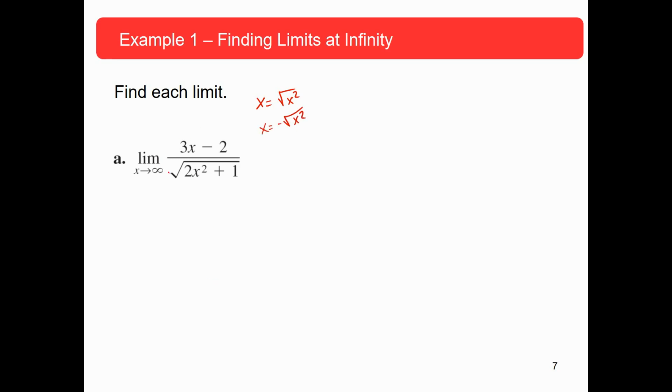So I'm going to divide every piece of this by x. So this is the limit as x approaches infinity of 3x over x minus 2 over x, and this is square root of 2x squared plus 1 divided by square root of x squared. So this gives me the limit as x approaches infinity. 3x over x is just 3 minus 2 over x divided by, what do we have here?